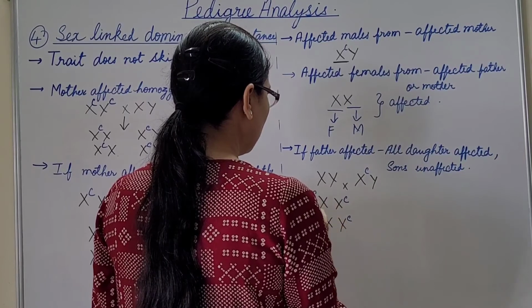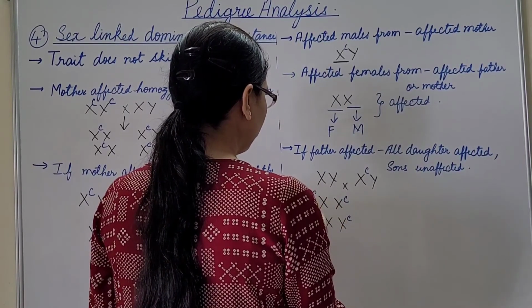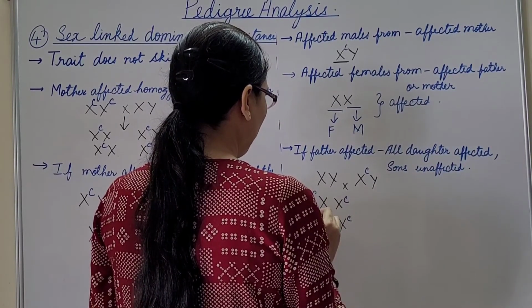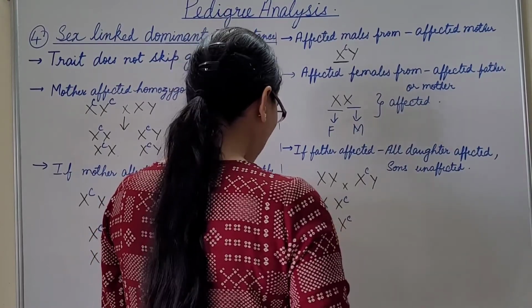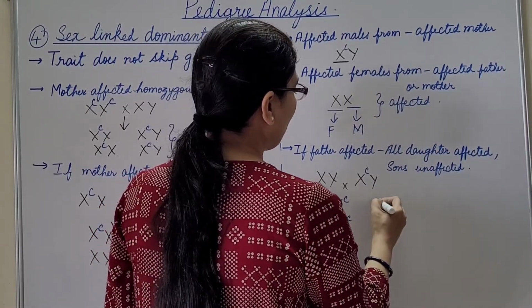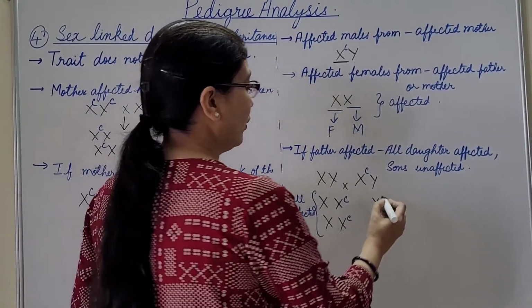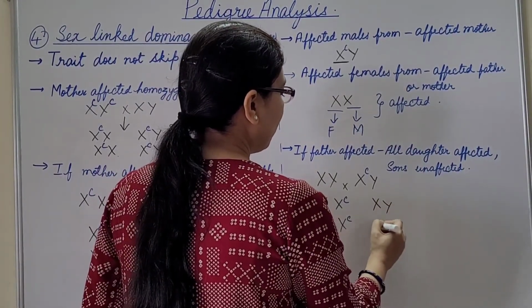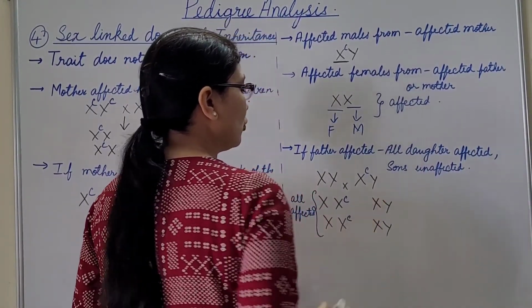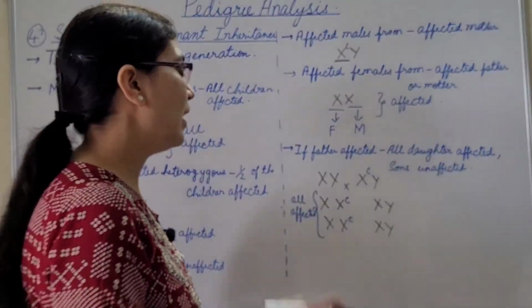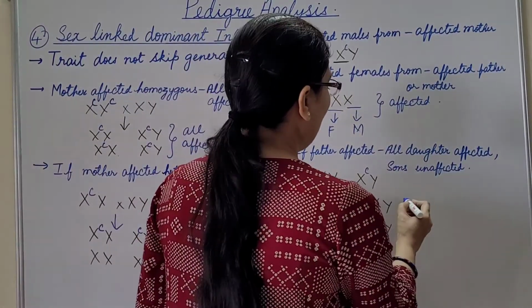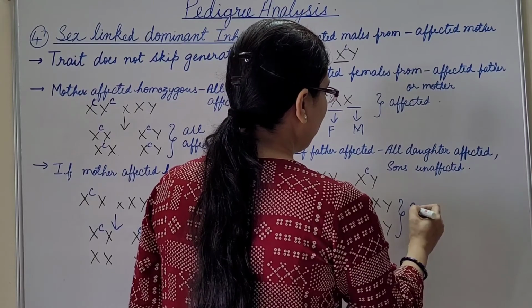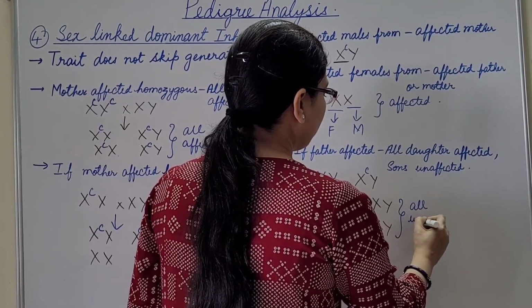Hence, all the daughters are affected. But male, or the son, receives the X chromosome only from mother. And the mother is unaffected, so it receives the X chromosome which does not have the allele for the trait. Hence, all the sons are unaffected.